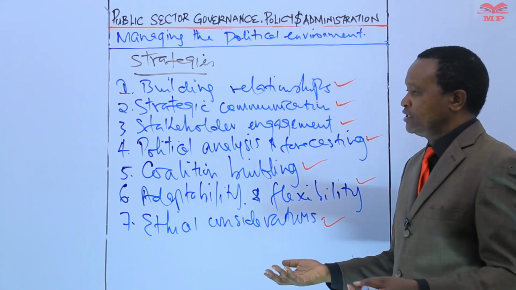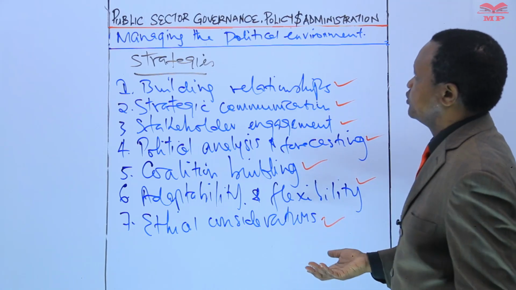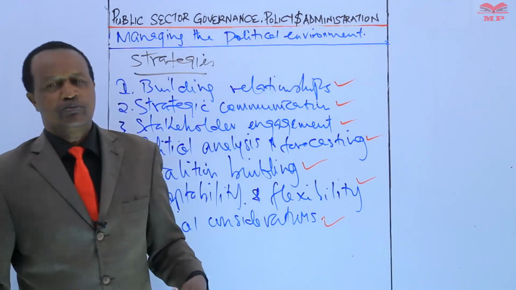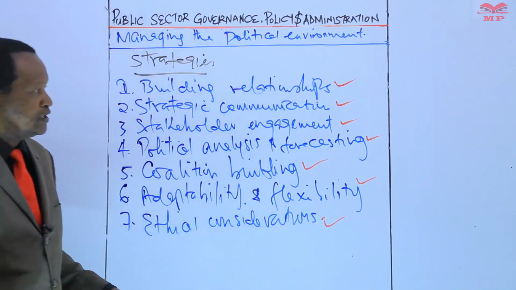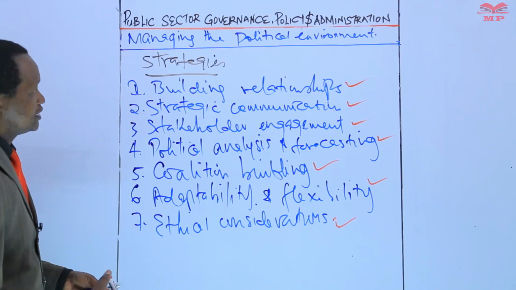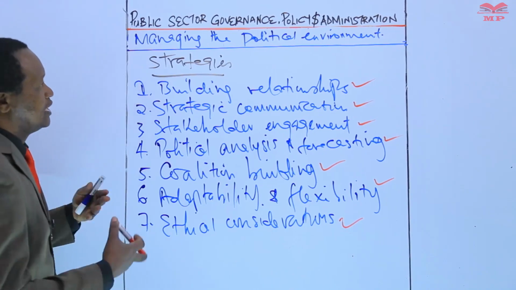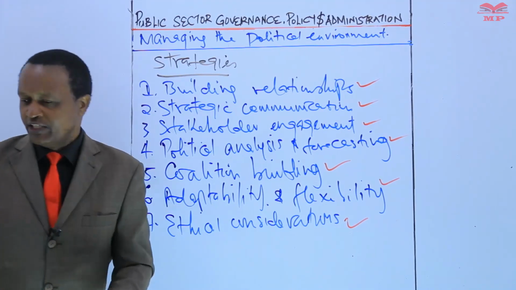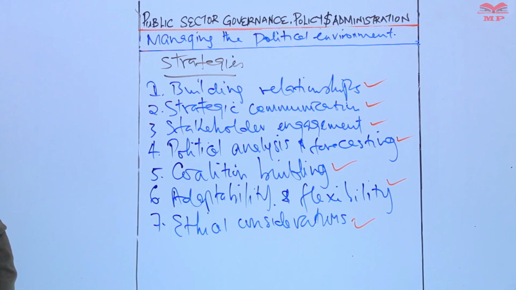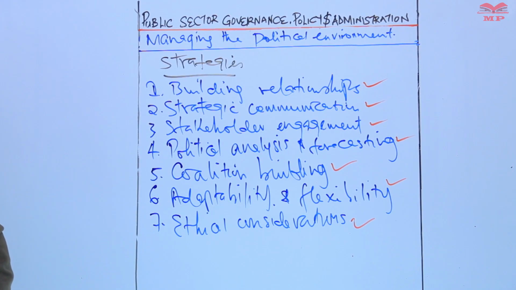And when that happens, then managing the political environment and meeting the needs of the people may be possible. So that is the end of the lesson, in which we've discussed the strategies that can be employed in managing the political environment.